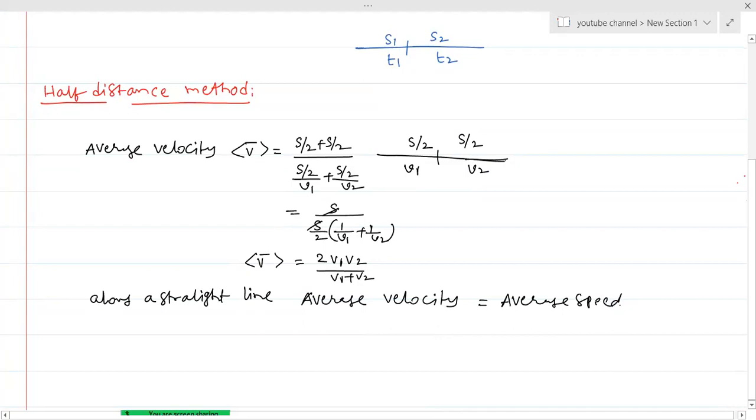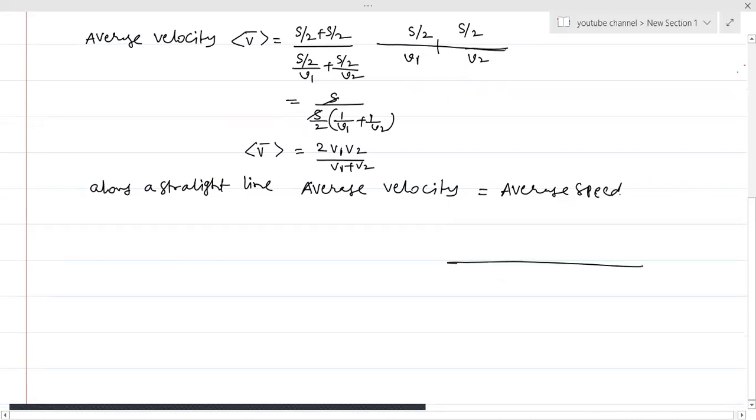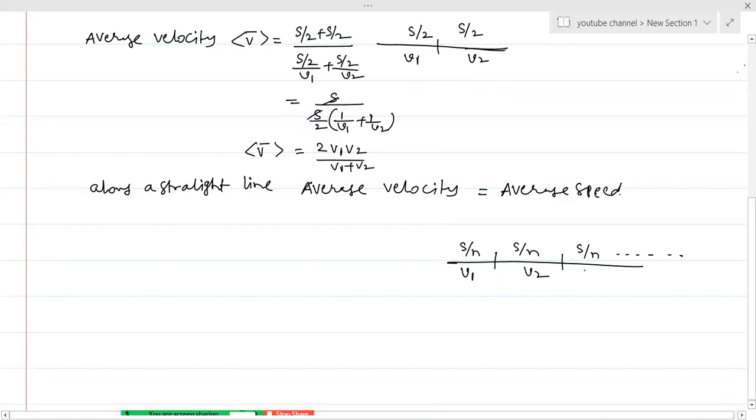Similarly, if the distance is made into n equal parts, for example, we have s by n, s by n, and s by n. The first part is moving with the speed v1, the second part with v2, the third part with v3, and so on.